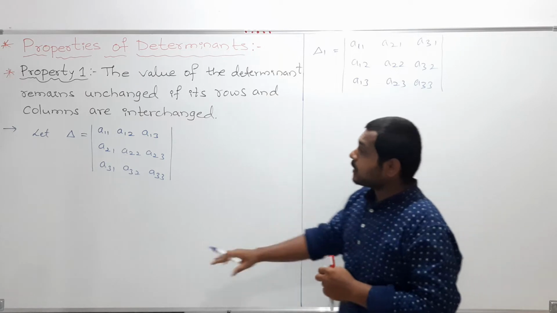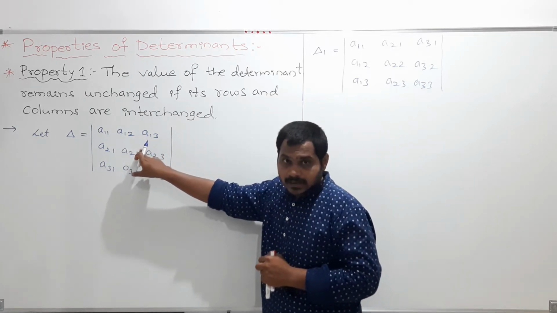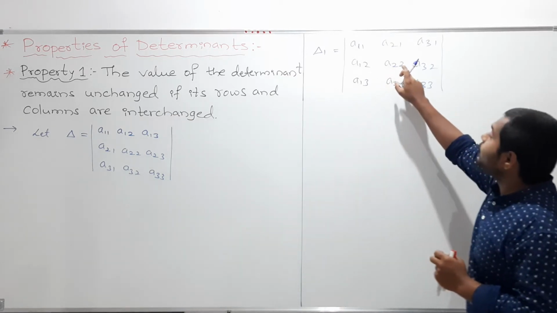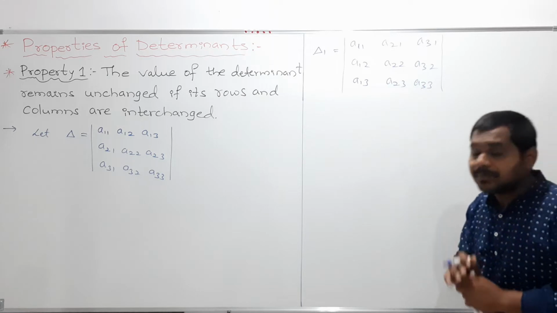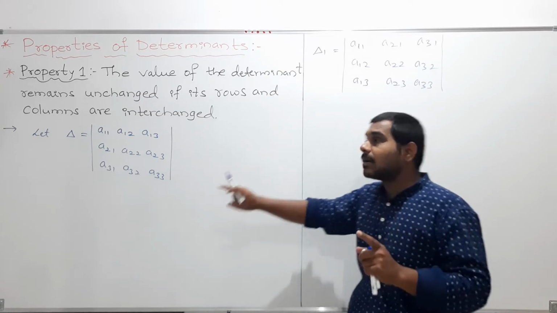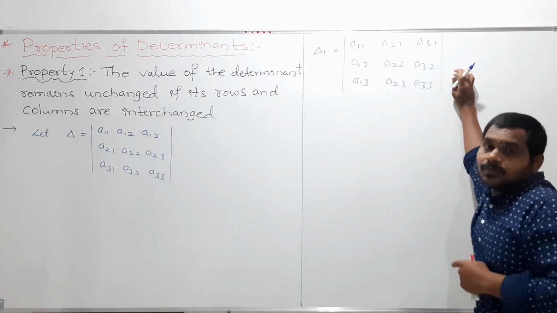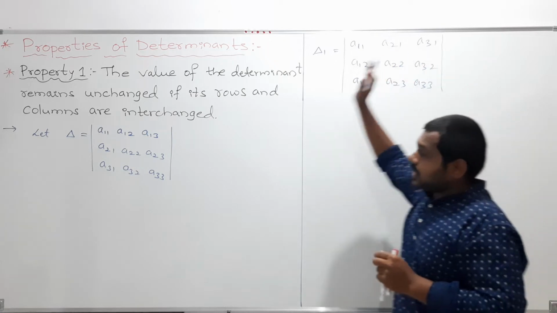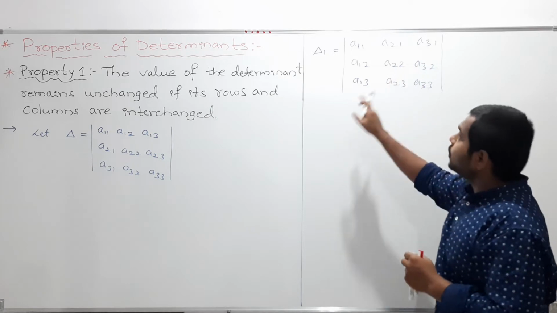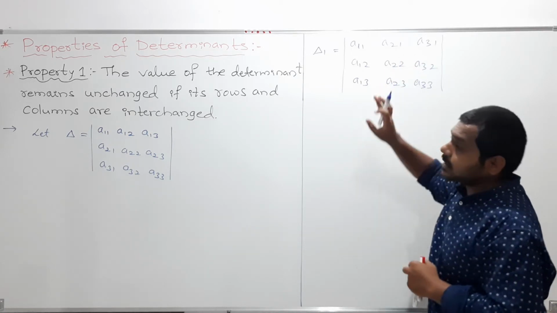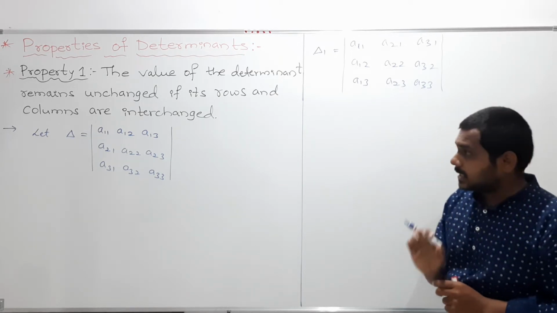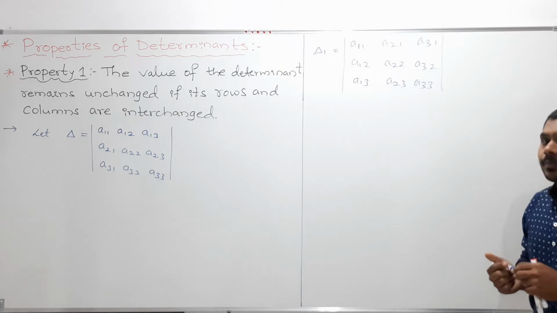It means whatever answer you get by calculating this determinant, you will get the same answer if you interchange the rows into columns. So for any determinant, if I interchange rows into columns, the value of the answer won't change. The answer will remain as it is. That is the meaning of the first property.